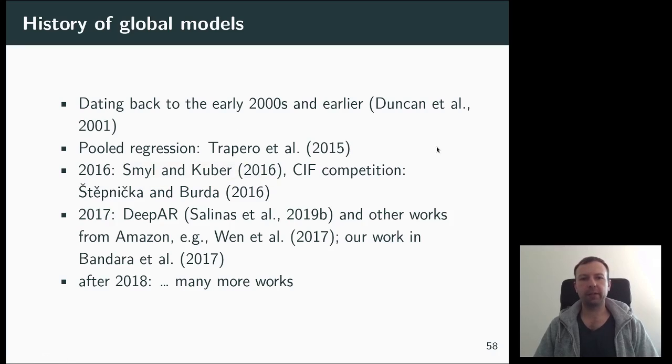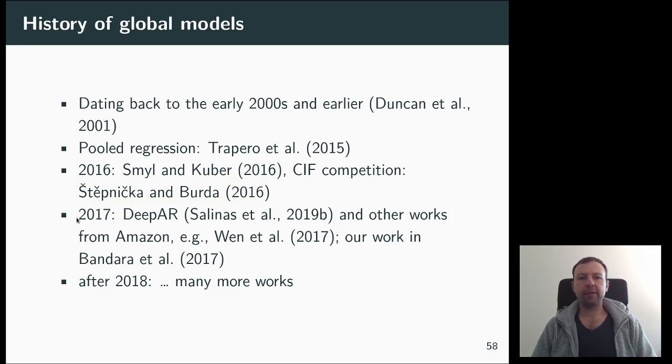They actually date back to the early 2000s and earlier with some work, and then there was a very good paper in 2015 from Trapero et al. about pooled regression, where the idea is just to have a linear autoregression with your lags, and basically you stack these matrices together and then build a model across all the series. Then obviously 2016, the work by Slawek Smyl.